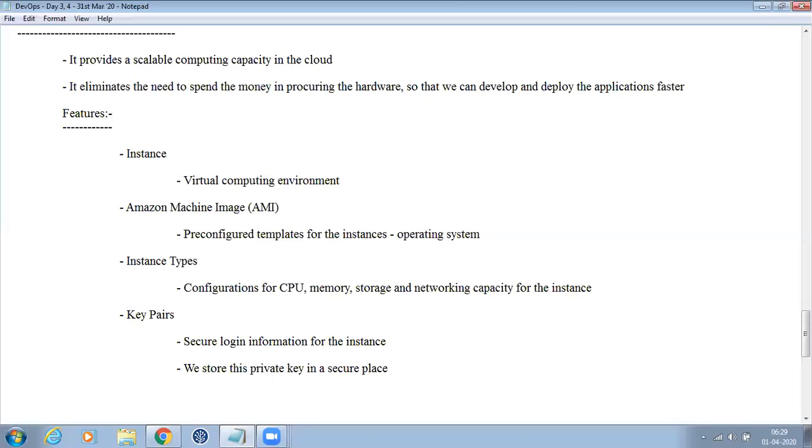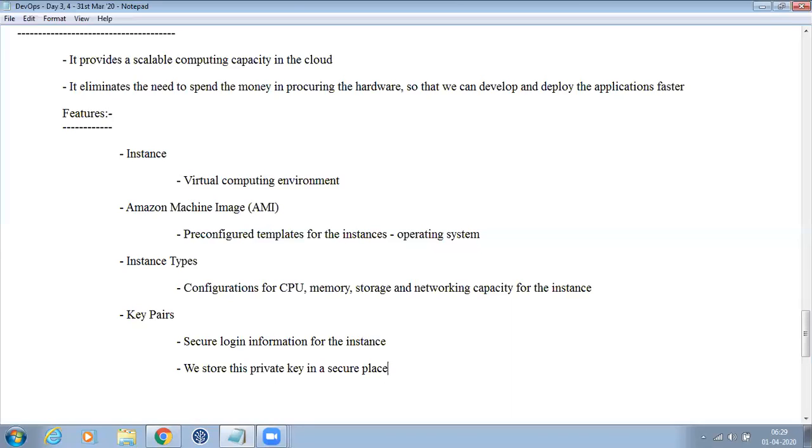Because once you create a server with a key pair, you have to download that. So it will be stored in your computer or laptop, whatever desktop, whatever system it is. So whenever you are trying to connect to the same server which is in the cloud remotely, we should always give this key pair. Without that, it will not allow you to log in. So that server will recognize you only with this key pair.